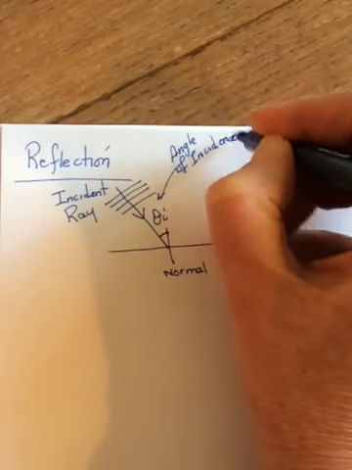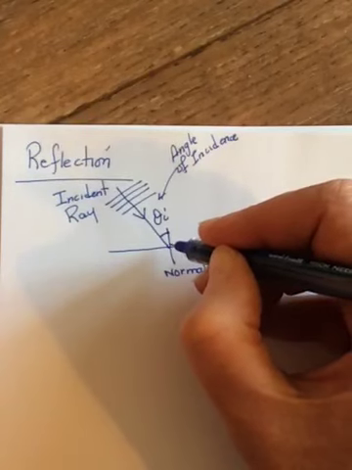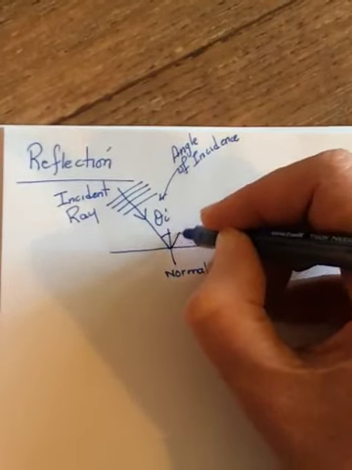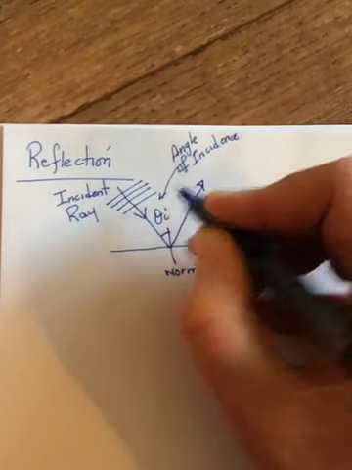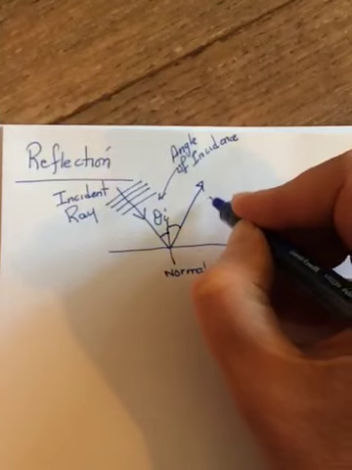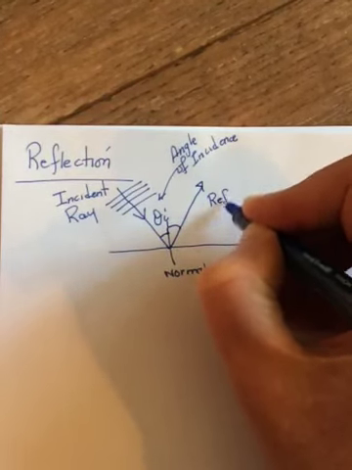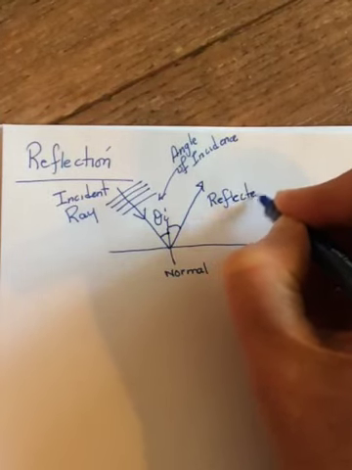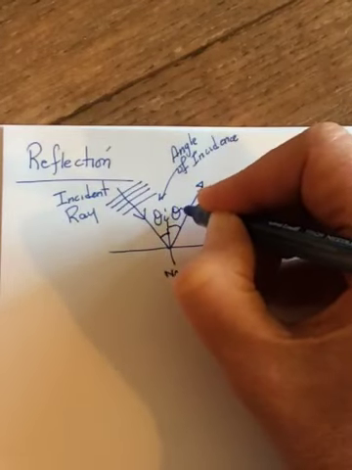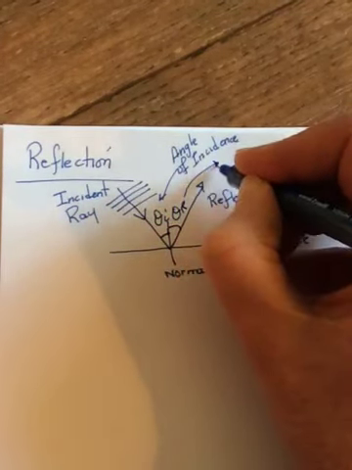And our law of reflection that we talked about earlier in this unit says that the angle of incidence will be equal to the angle of reflection. So this is my reflected ray. And this angle here is my angle of reflection.